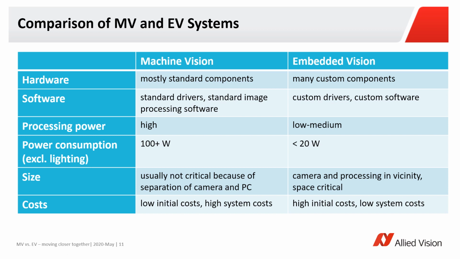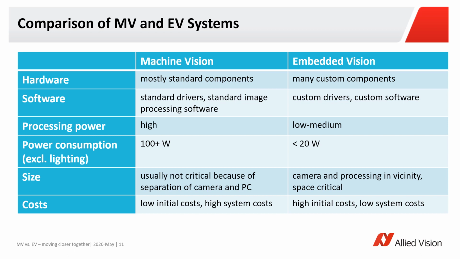So everything is really optimized for this system. And because those are small systems, the processing power is also not as high as if a PC system is used. And also because of the small size, it's important to also have quite a low power consumption. Those are very efficient systems, so they use usually less than 20 watts of power.